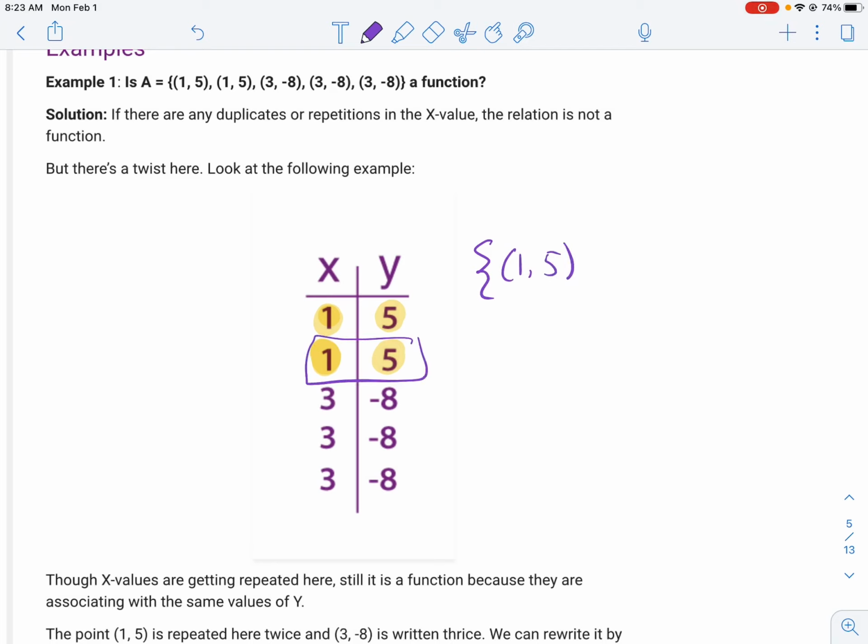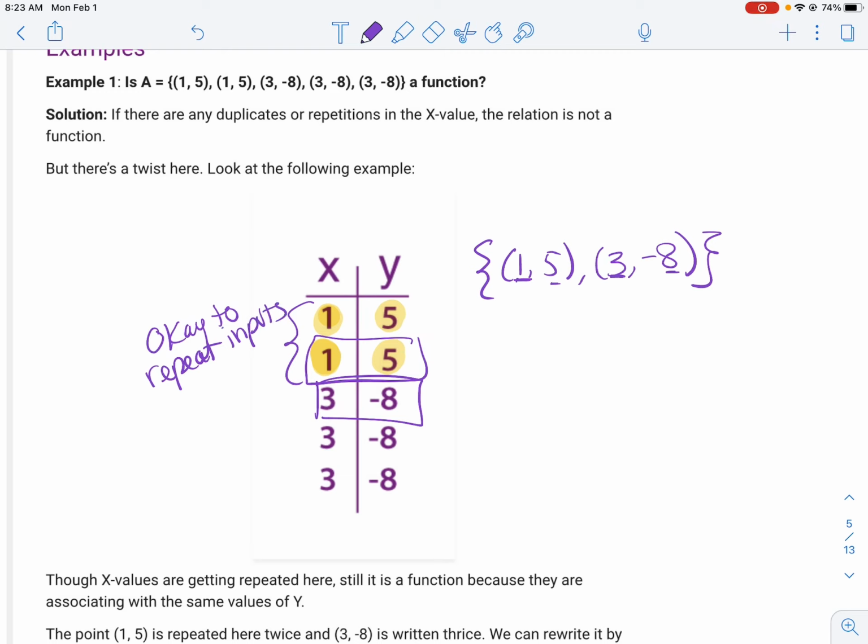I don't have to write it twice. And the next one is 3 and -8. If those are the exact same point, there's no problem here. This one input gives me one output, and that's okay. So it's okay to repeat inputs if the outputs are also the same.